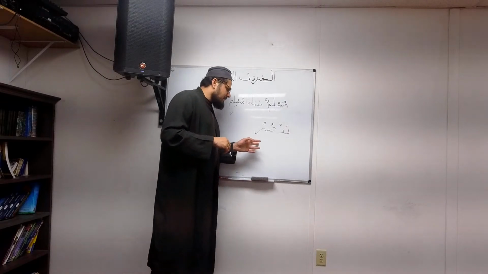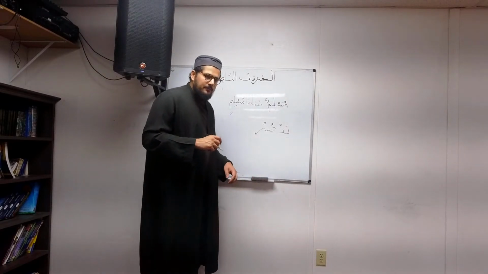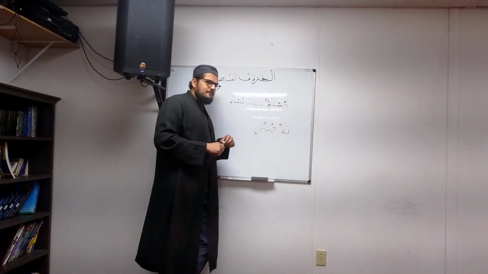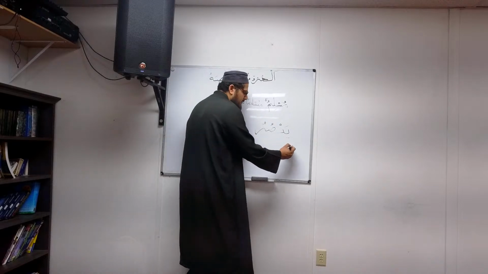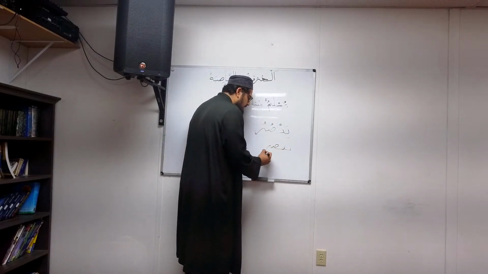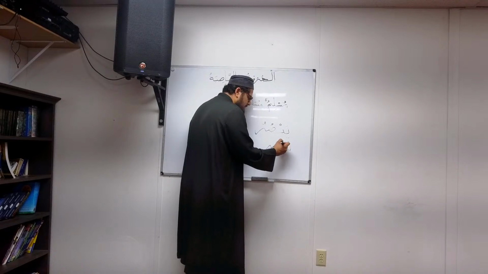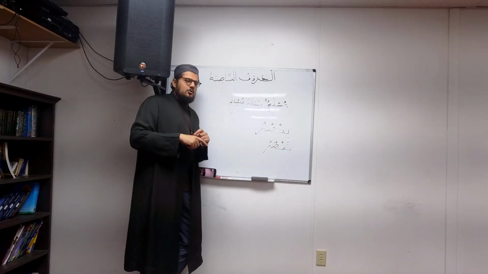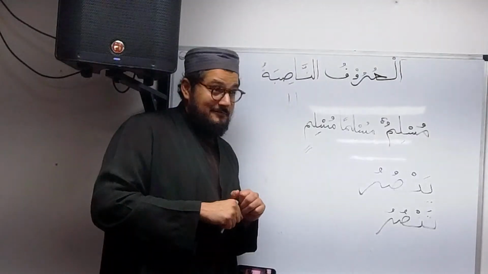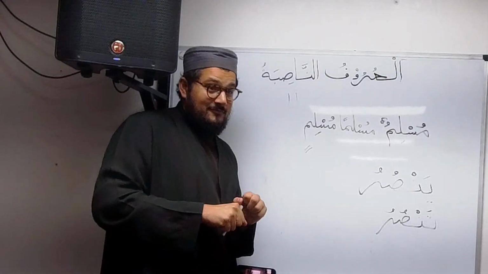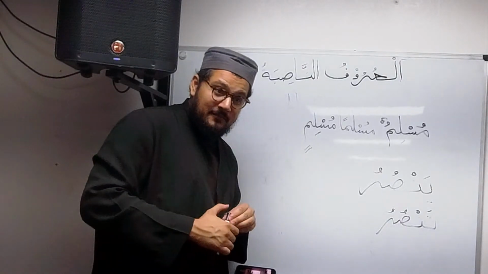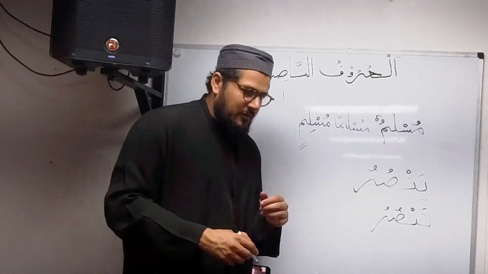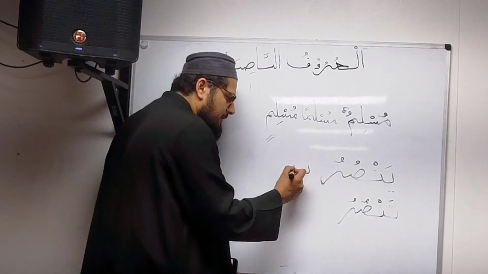How do I say, for example, you help? And you know how I can say you help to a male? Very good. How do I say to a single female, you are helping? Say it again? Tansurina. Very good. You just didn't say the na at the end, but that's correct. So it would be Tansurina.